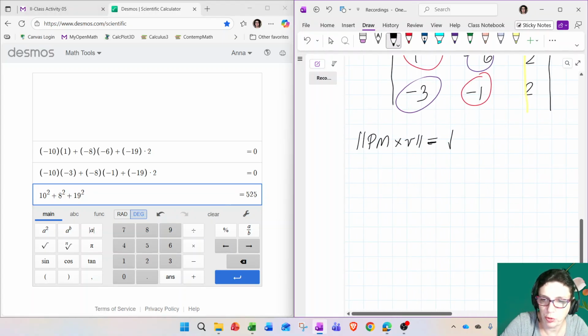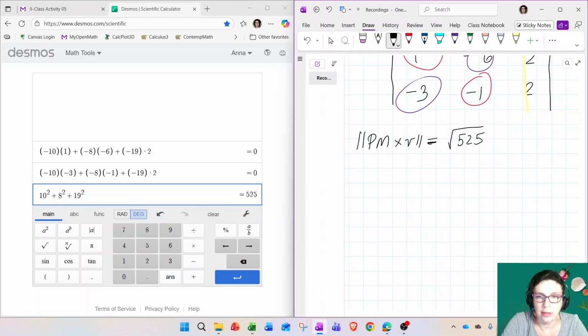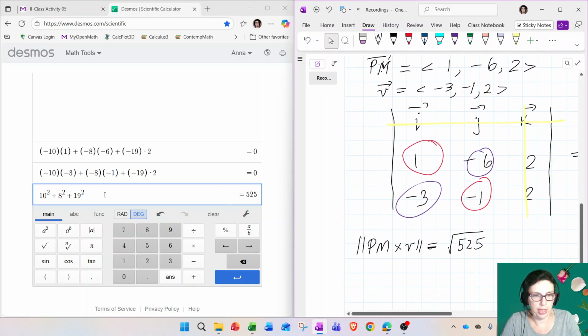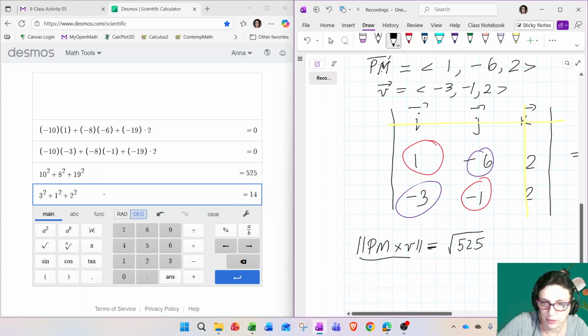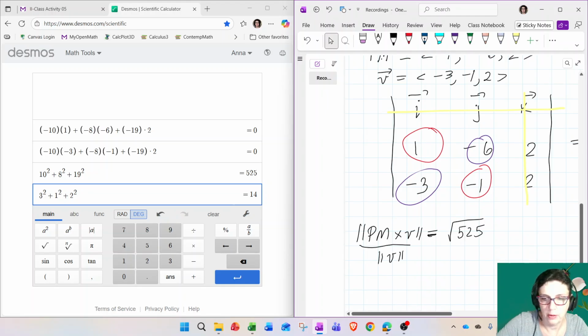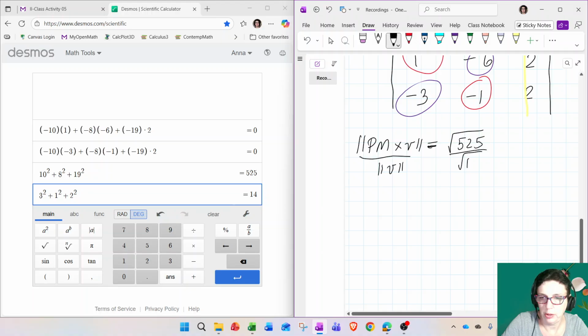So the magnitude is going to be the square root of that. Then you want to divide that in the formula by the magnitude of V. What was V? It was -3, -1, 2. So again, let me just square each component disregarding the signs. That's going to be divided by the square root of 14. So I think that's my answer.